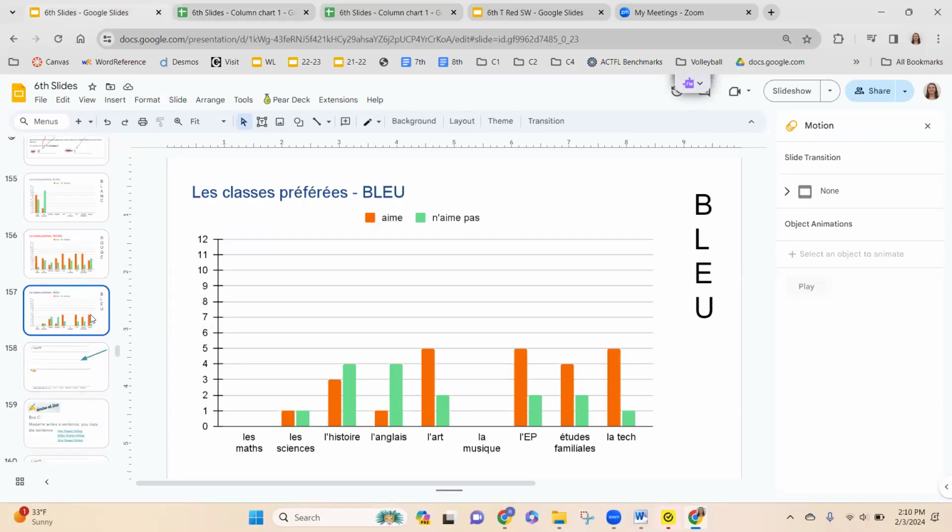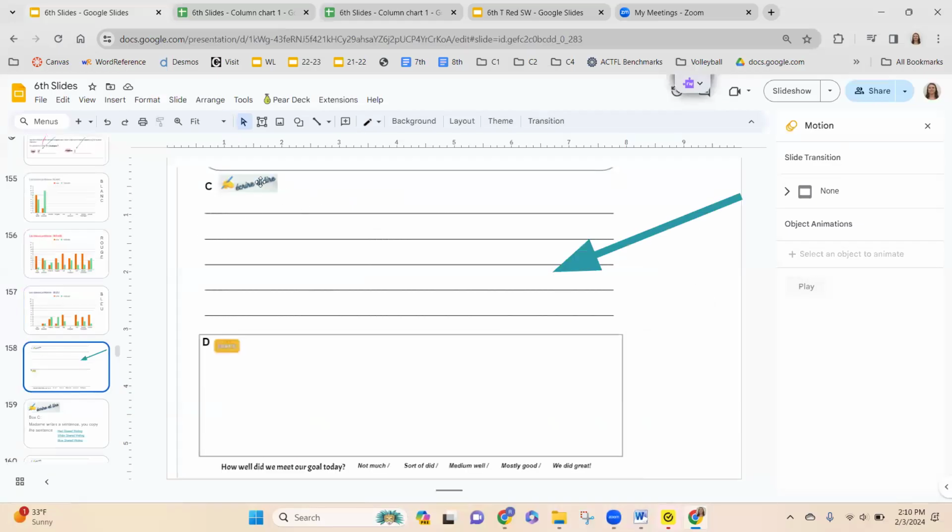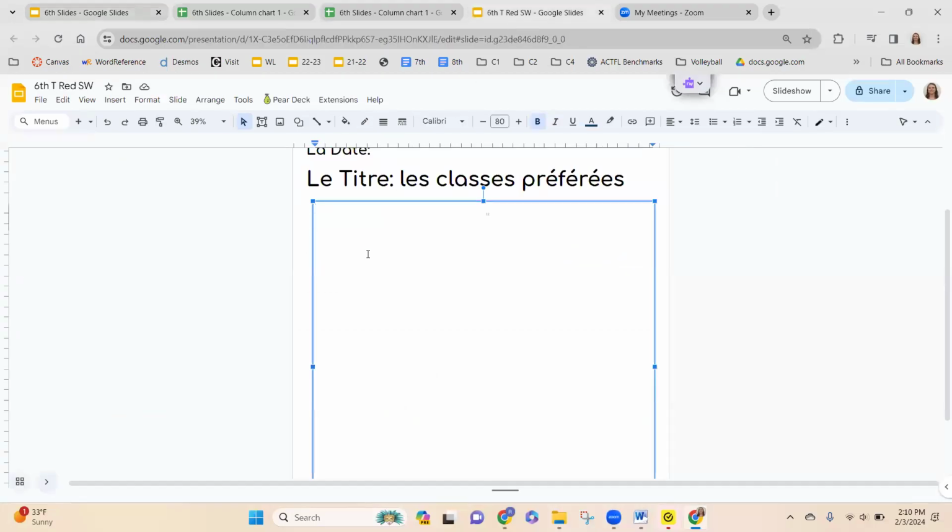Once we were all done with taking our data and a little bit of class discussion, we then wrote about it. They had packets to write the sentences on, and we would do our class writing. It would be something simple, and it kind of depends on what your goal is for this unit and the words that you want to expose them to and repeat over and over and over again.